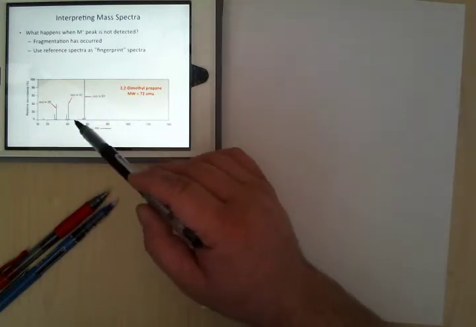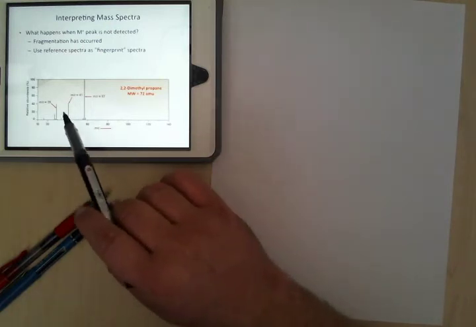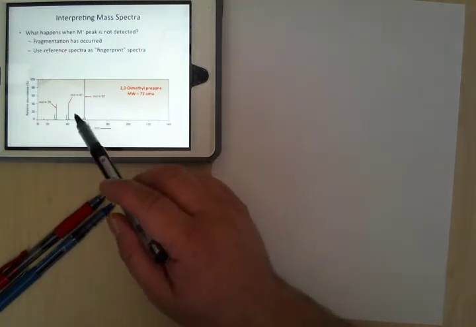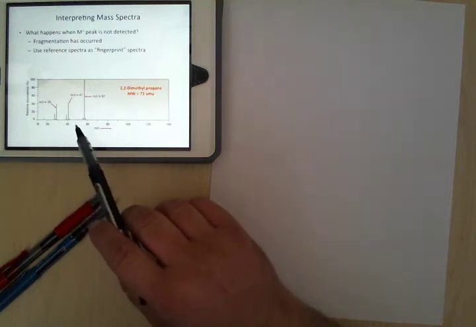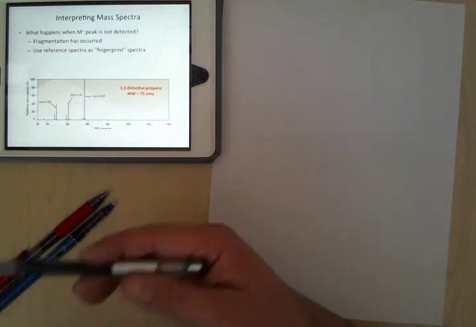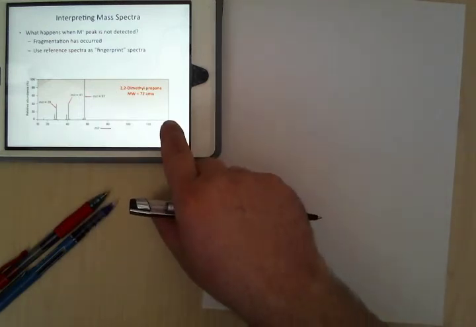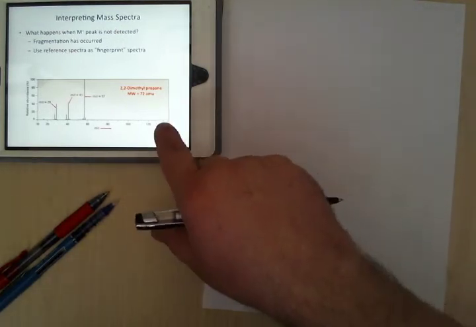So you have to go to a reference standard and look up these main peaks, and lots of times they'll fragment in a particular way. That unique way of fragmenting is a fingerprint that you can look up for the spectrum. But for the stuff I'm going to make you do, we're always going to have an M+ peak.